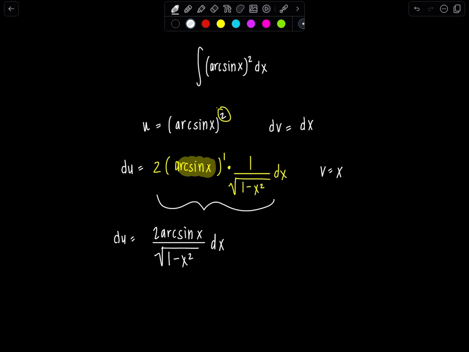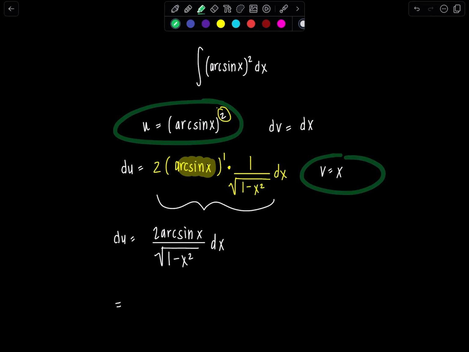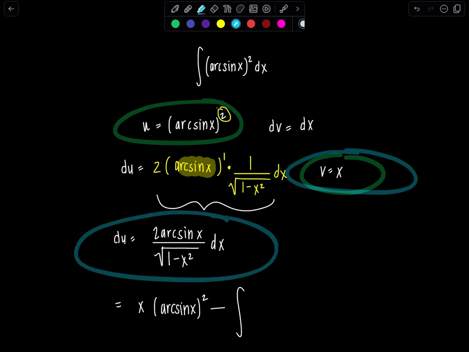Let's rewrite the integral using our by parts formula. So it's equal to u times v. I'm going to put the x in the front just so it's super clear. x times arc sine of x squared minus integral. Do you remember what comes next? v times du.